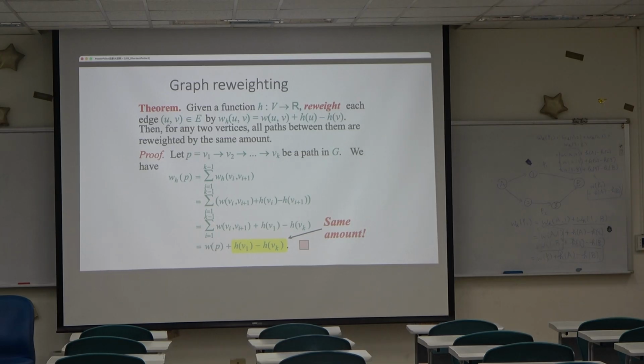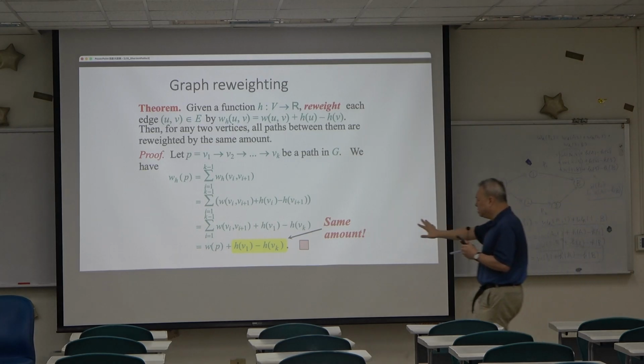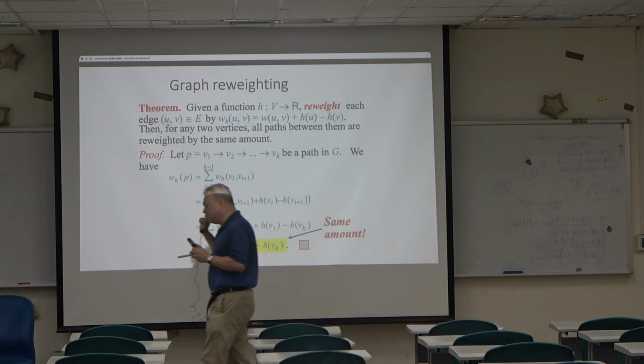Having said that, whatever path was shortest previously will be the shortest at the end, after reweighting, because each path's weight change is identical. So this is important. Now you know that.